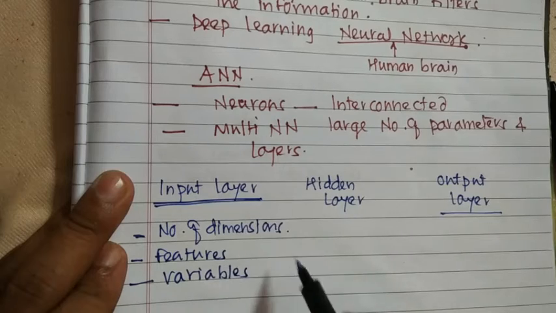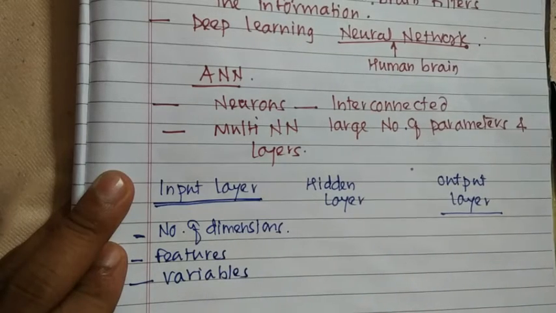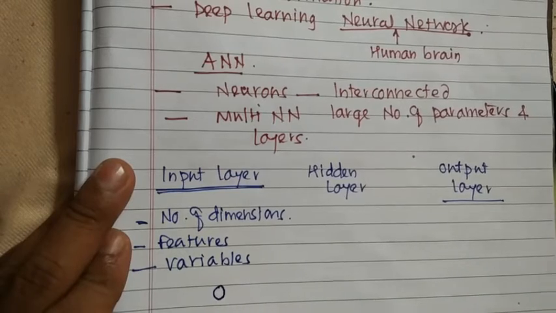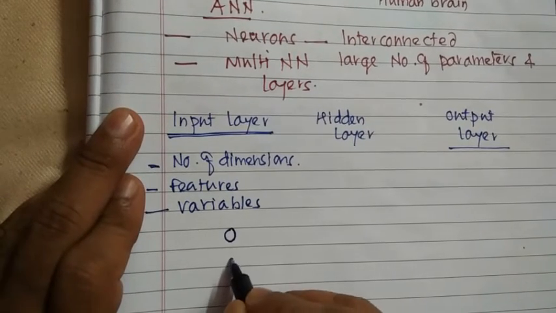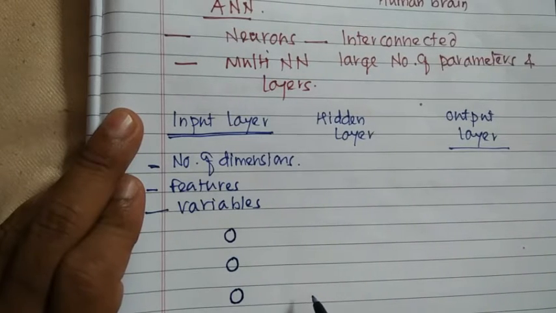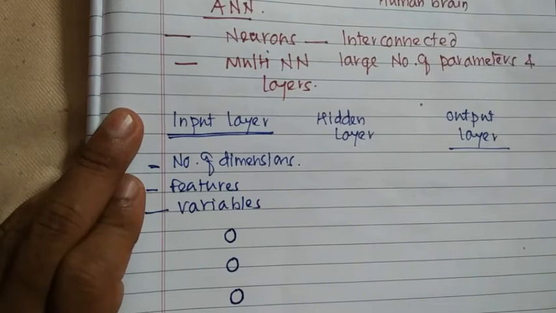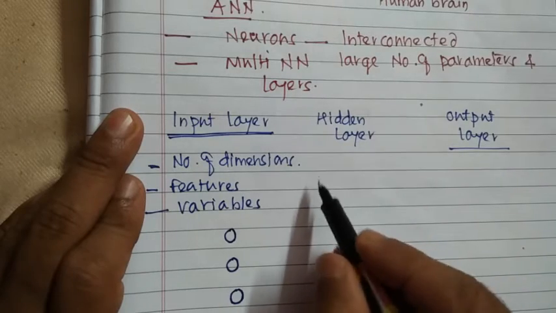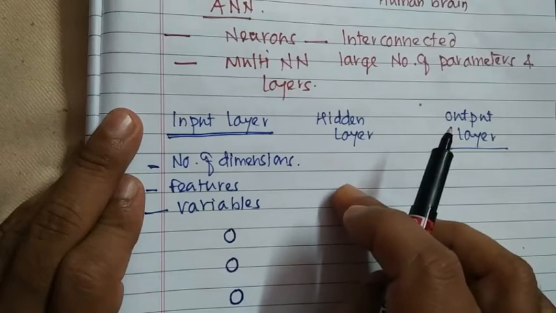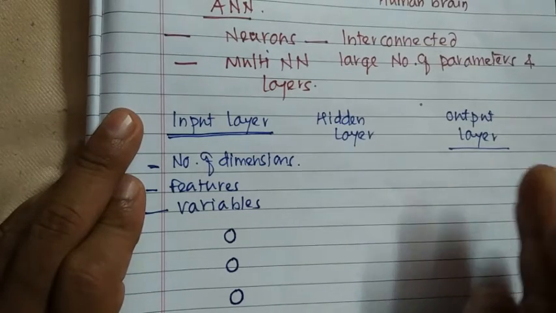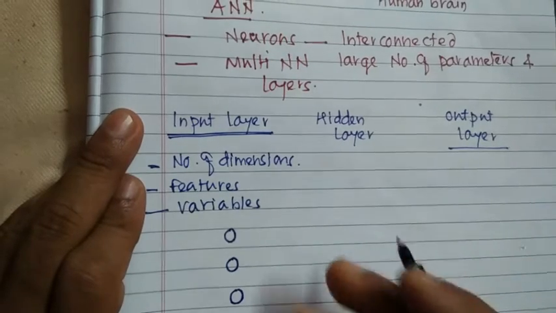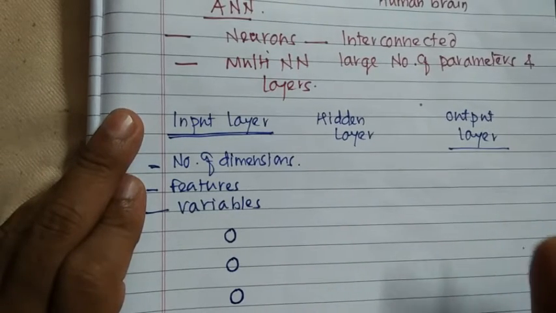So the number of neurons present in the input layer depends upon the number of dimensions or variables. Now there is a hidden layer, and the number of neurons present in this hidden layer is arbitrary, so it depends upon the type of problem.